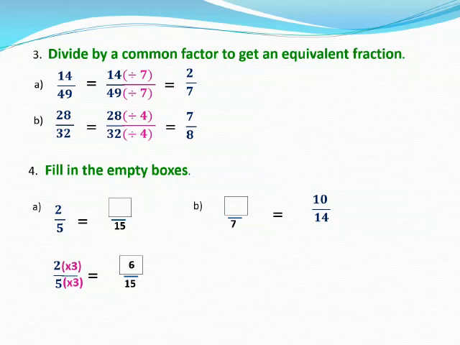When we divide 14 by 2, we get 7. Now we have to divide 10 also by 2. 10 by 2, what is the answer? 5. So here the answer is 5. So remember, to find the empty boxes, either divide or multiply.